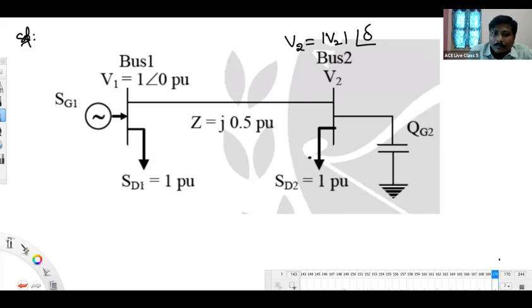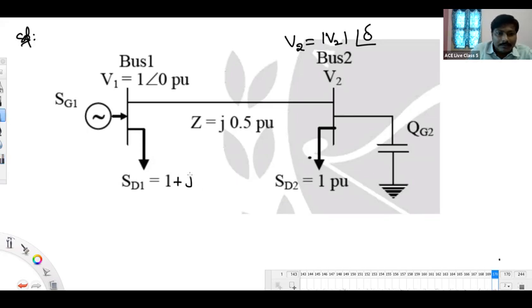Next thing. SD1 is 1 per unit. What is this SD? Is it apparent power or complex power? Complex power. Complex power is 1 means we have to write it as 1 plus j0, meaning 1 real power, 0 reactive power.